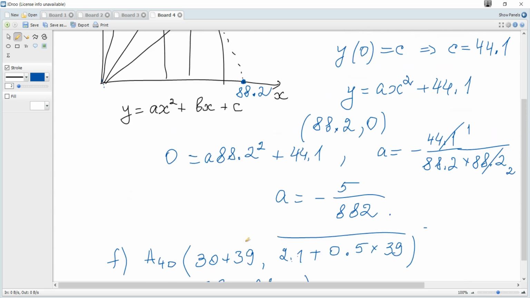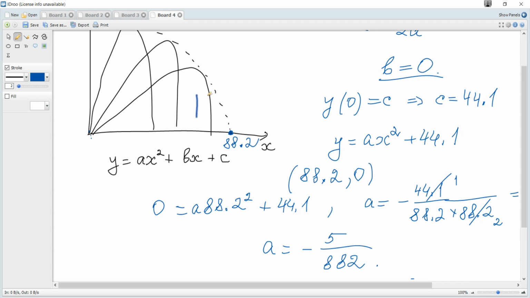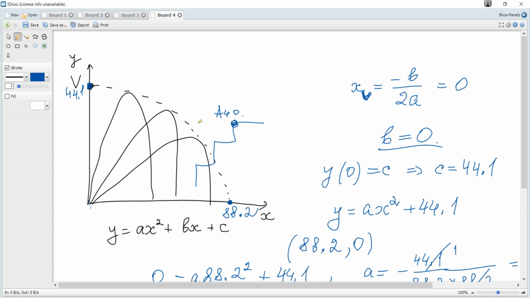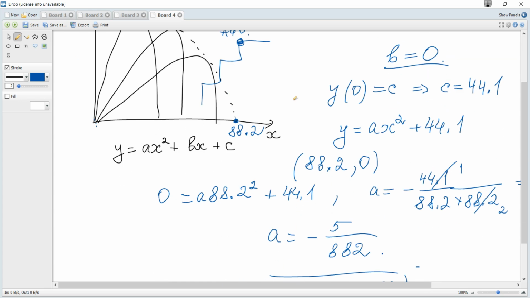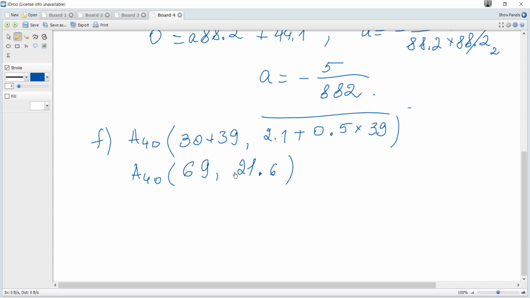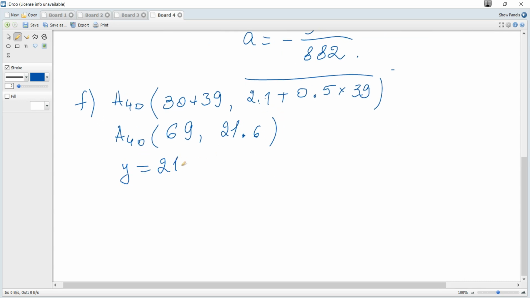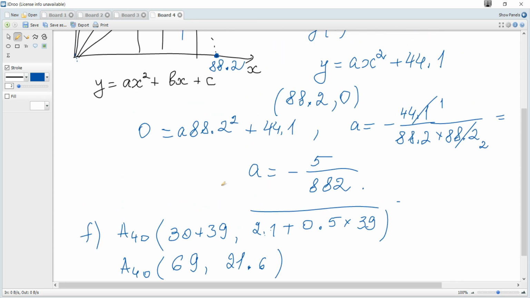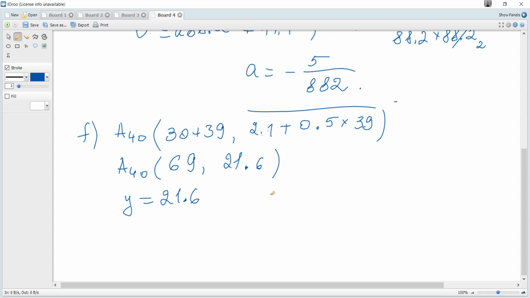and this situation looks like this. Somewhere there is A40, and to get a t-shirt, this point must be on the curve. And since the y coordinate is 21.6 and this point A40 must be on the curve, and the curve is what?